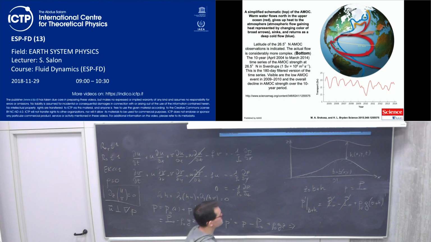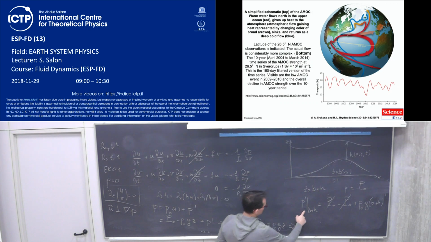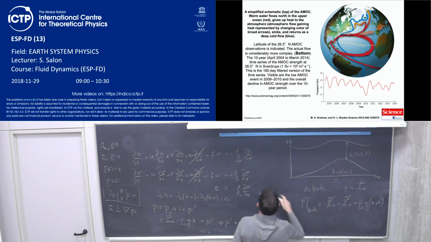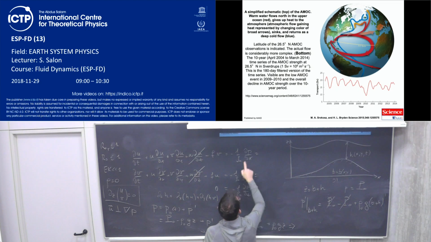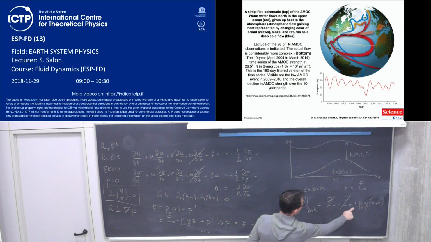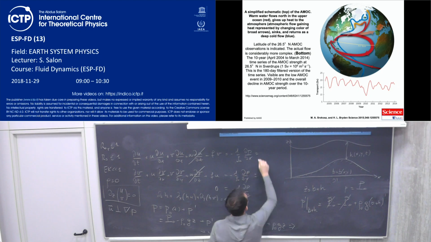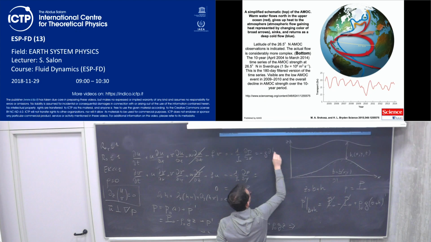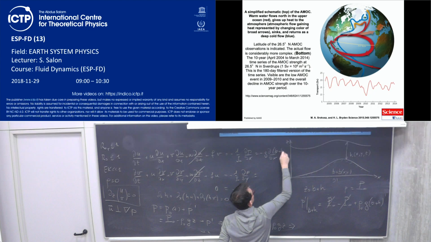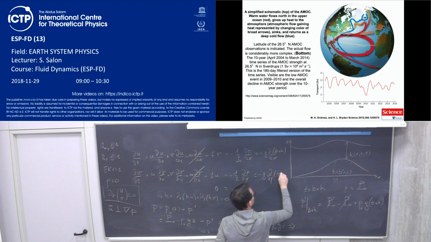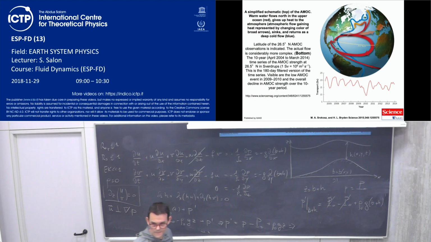So I can substitute my P prime with this expression here. So the P dx, with rho 0 removed, will be minus G dx of (B plus H), and minus G dy of (B plus H). Okay?